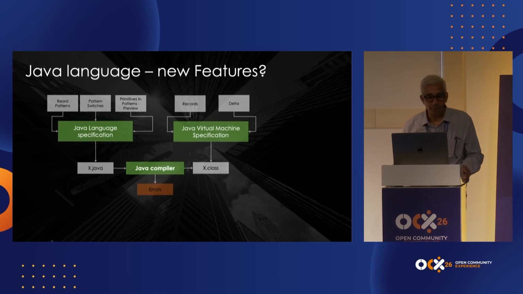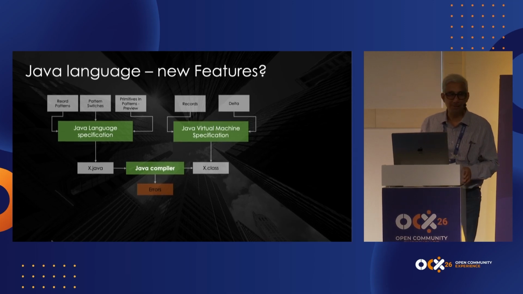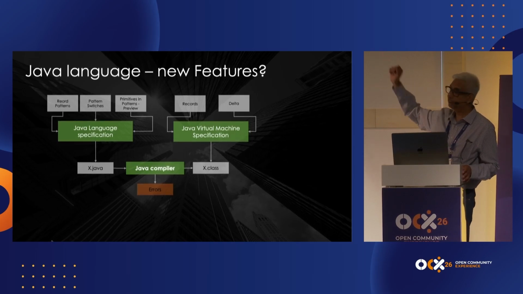I mean, we all know that. So what does the Java language specification give? Different features like records, pattern switches. I'm not going into those details. That will be taken by the next speaker, Brigitte. She will go into details of these patterns. What we are interested in is primitives in patterns.